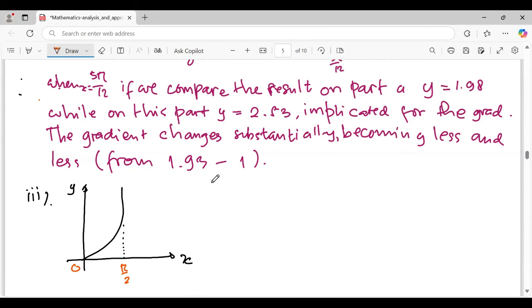Why is this approximation less than 2.53?